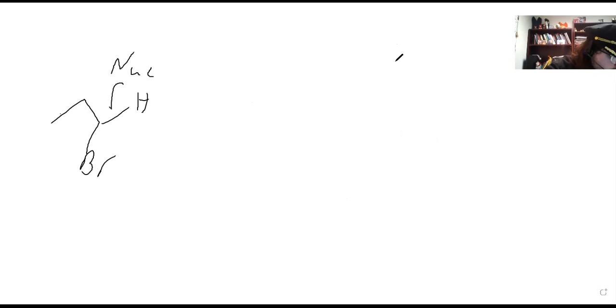So if I have this bromine, H, and nucleophile attacking there, essentially what's happening?